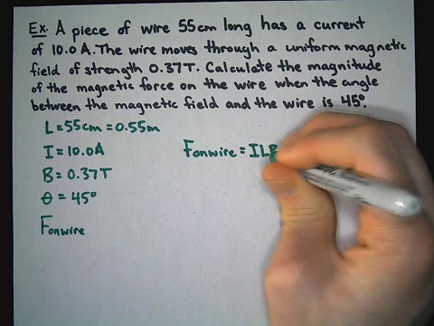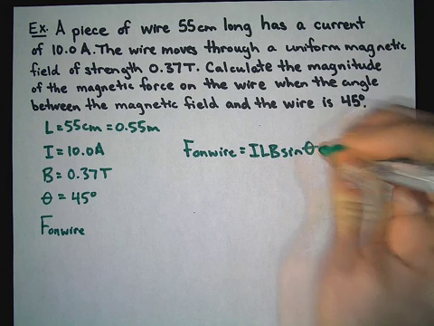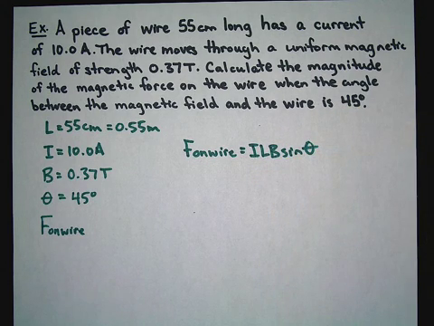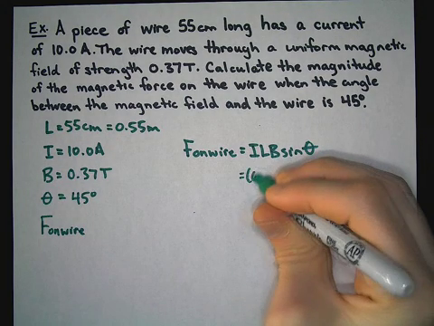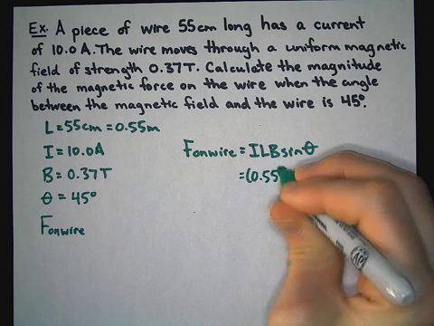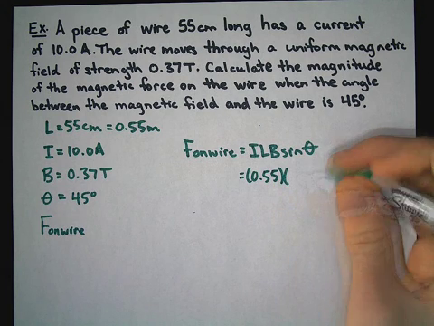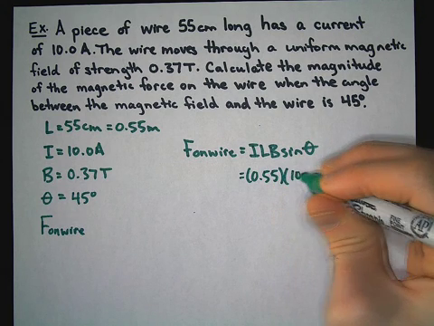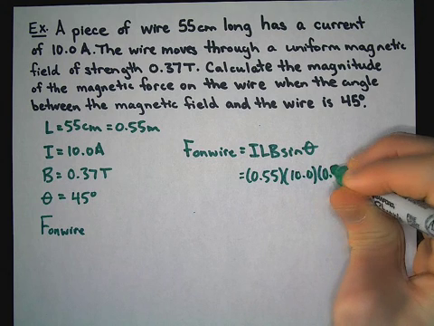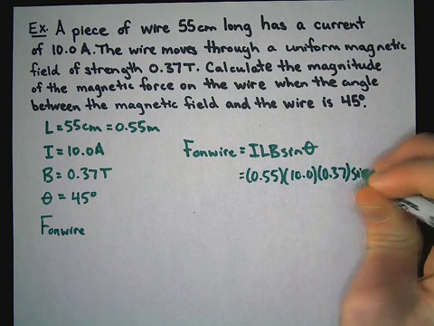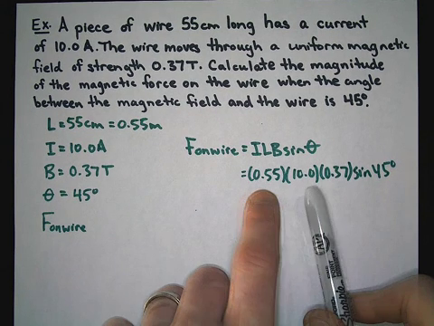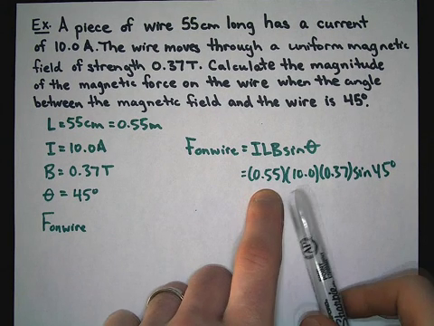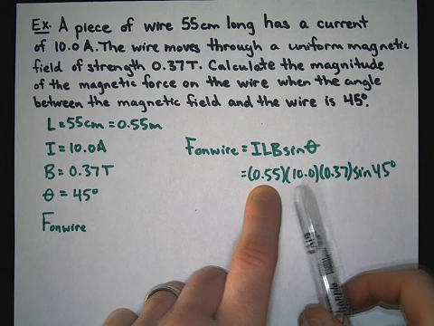And we simply take everything that we're given and substitute it into the equation. You might notice that I have not written it exactly as ILB. I've written my length first and my current second.